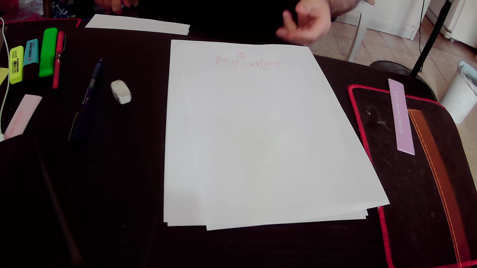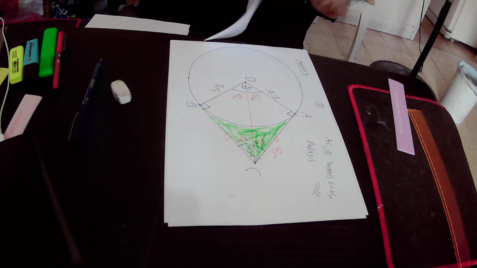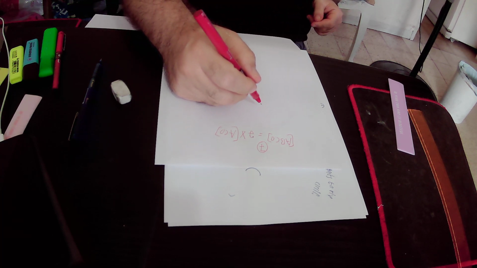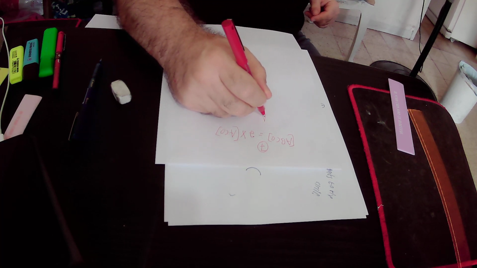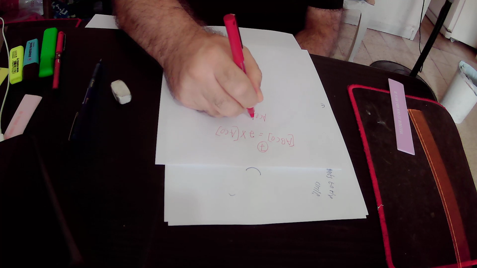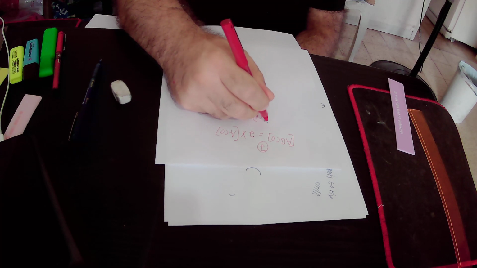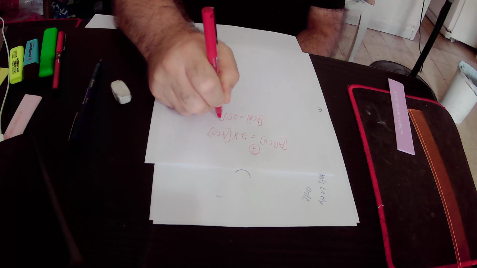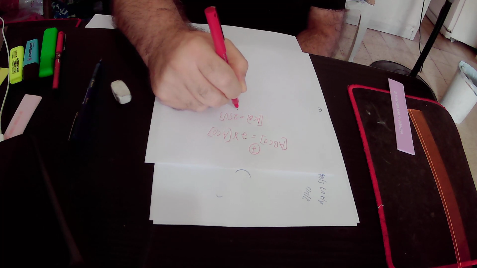We have already found out that the area of triangle ACO equals 25 times root 3 over 2.